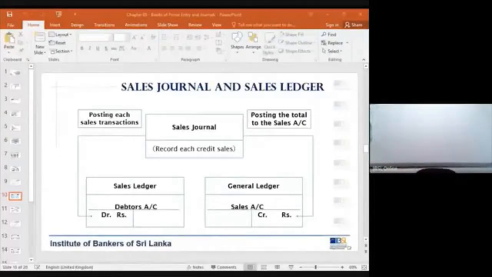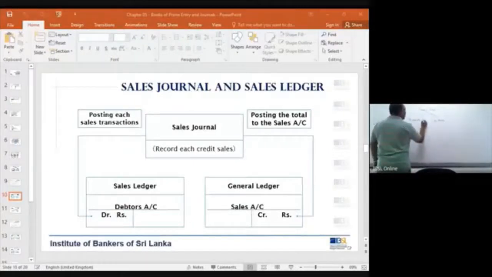So if you look at it, we are talking about a credit sale, and the result of the credit sale is where you will debit debtors and credit sales.